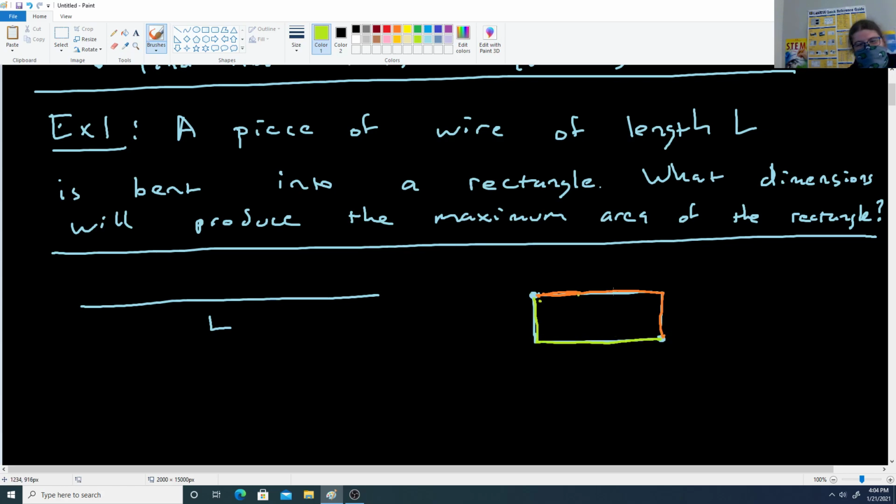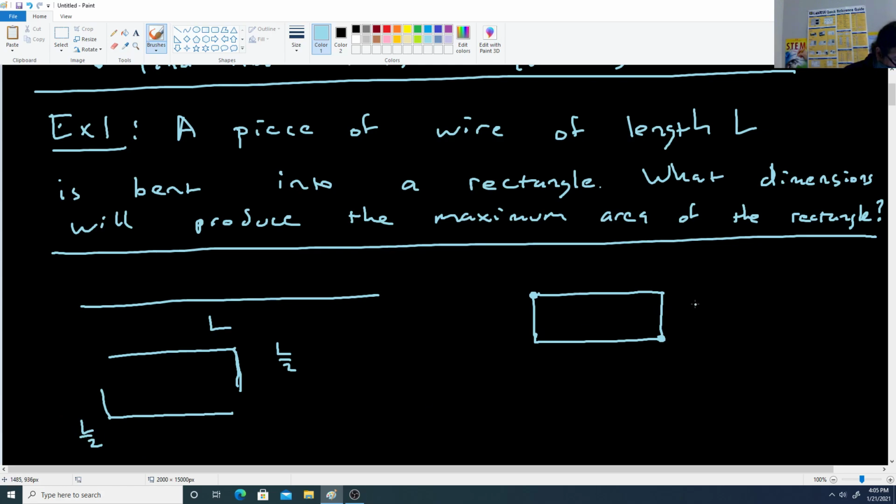Each of the lengths of those pieces would be half the length of the rectangle. So if the top part is a shape like that, it would be L over 2. And if the bottom part also was a shape like that, that would be half the overall length.